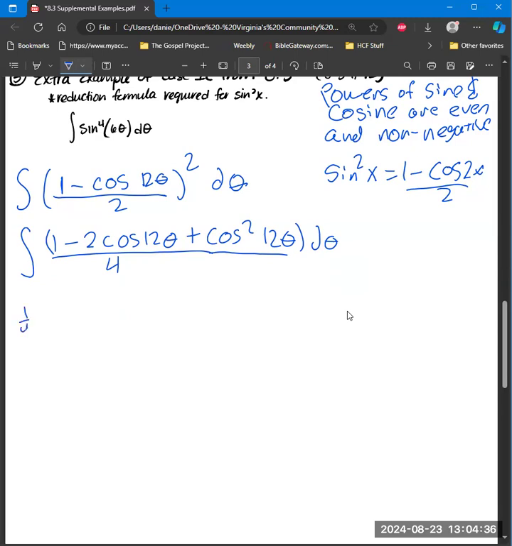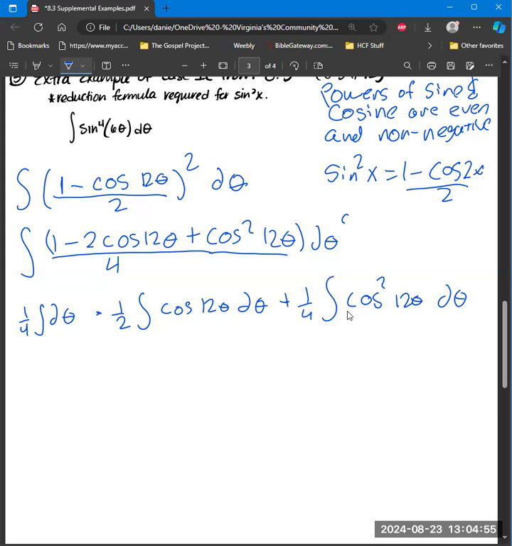This is 1/4 d theta minus 1/2 cosine of 12 theta d theta plus 1/4 cosine squared 12 theta d theta. Now I'm going to have to use the other one. Cosine squared x is equal to 1 plus cosine of 2x over 2.